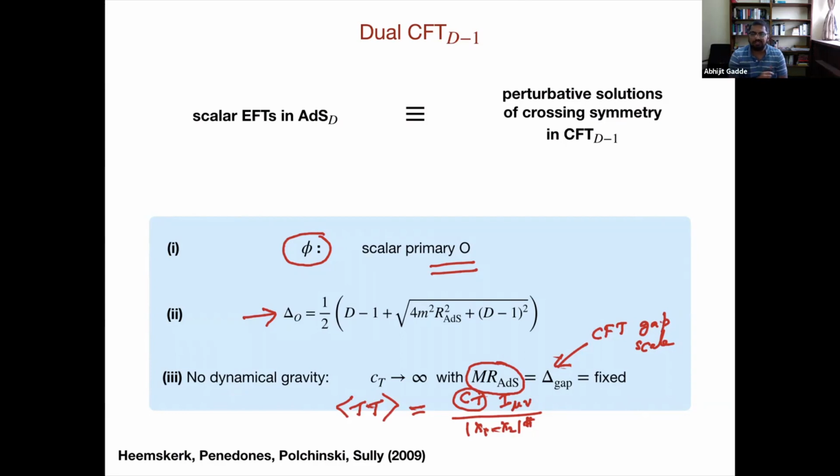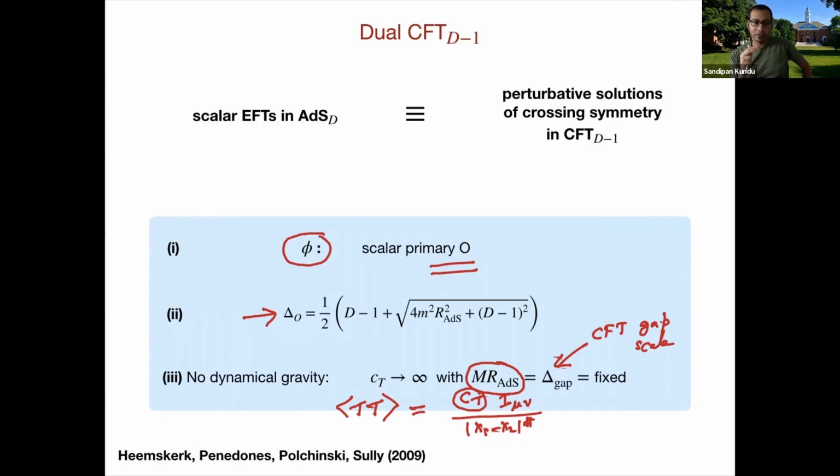Sorry, Shiraj, yeah. I'm just saying that at small string coupling, we have such examples, right? N=4. Yeah. But now you're requiring more, right? You're requiring a second hierarchy. That's right.